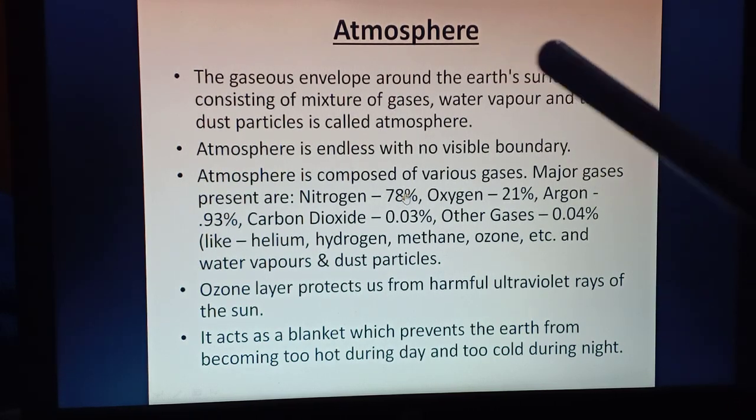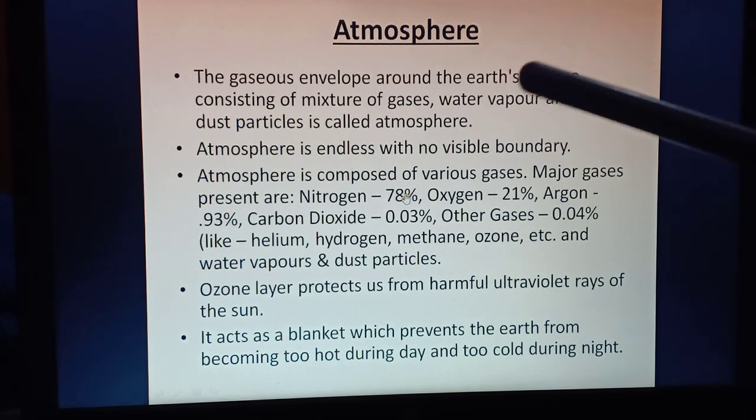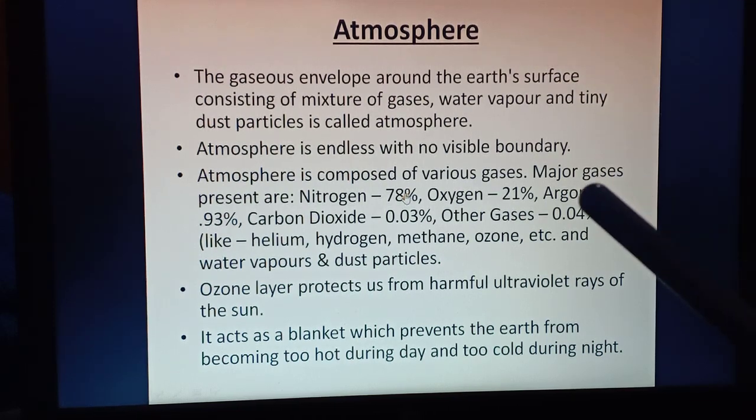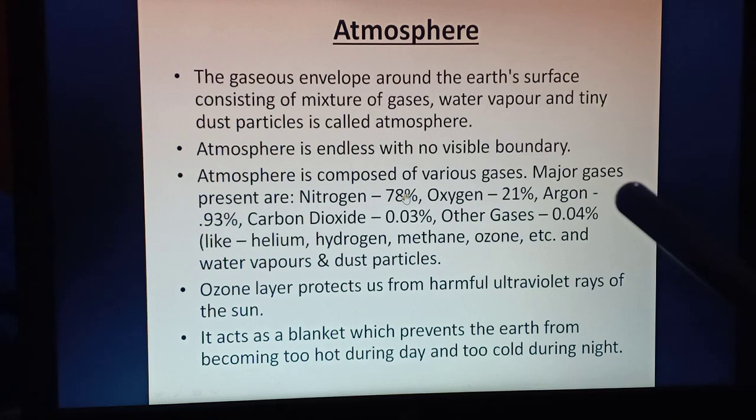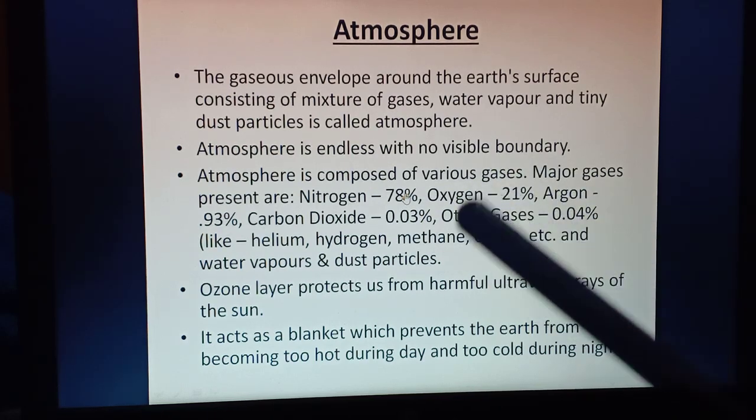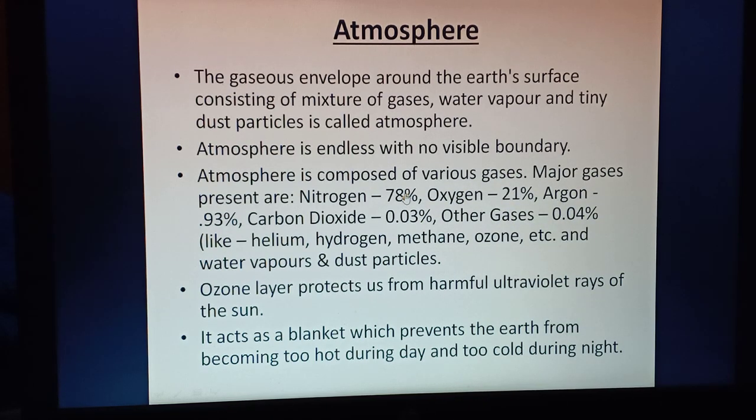Atmosphere is endless with no visible boundary. It is composed of various gases, as you can see. The ozone layer protects us from harmful ultraviolet rays of the sun. It acts as a blanket which prevents the earth from becoming too hot during the day and too cold during the night.